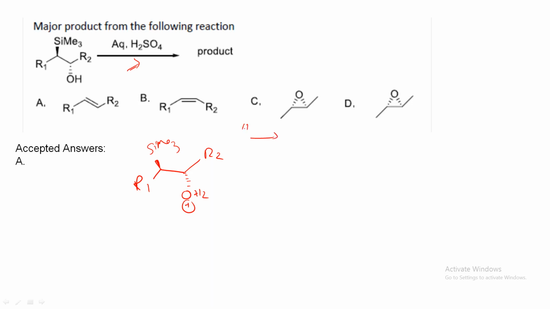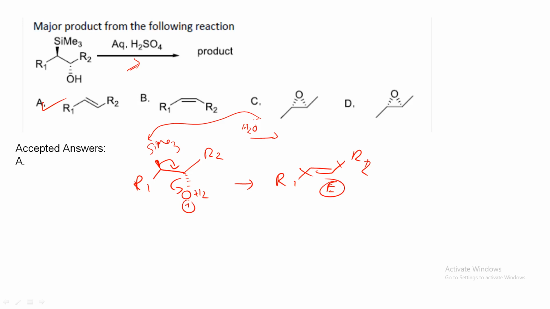H2O is there. So you can think of the oxygen-silicon bond forming, and it would help to do this kind of elimination. And now we generate E stereochemistry. E. So now the answer will be like this actually.